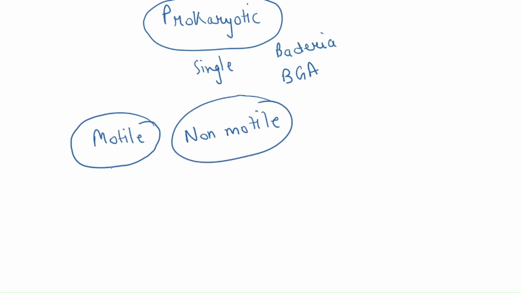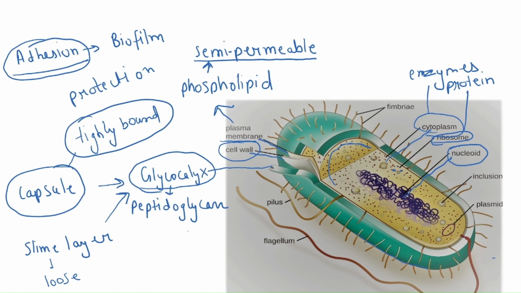For motility, they have a structure called flagella. Let's see the flagella in the diagram. This is the flagellum, singular, and plural is flagella. Flagella is a long whip-like structure for cell movement.